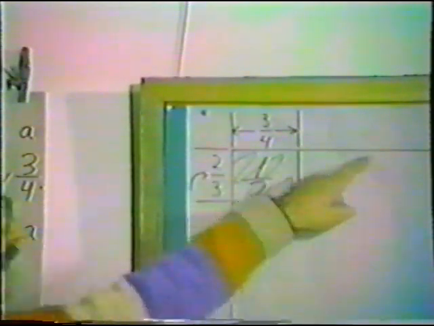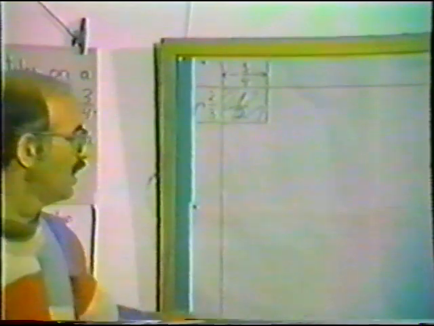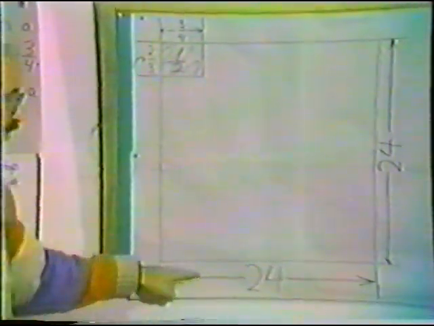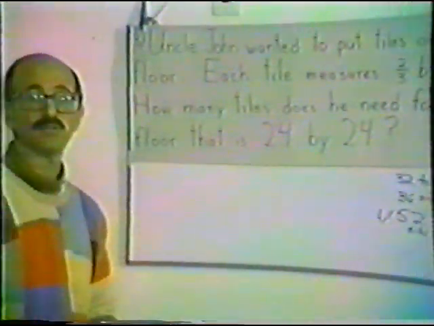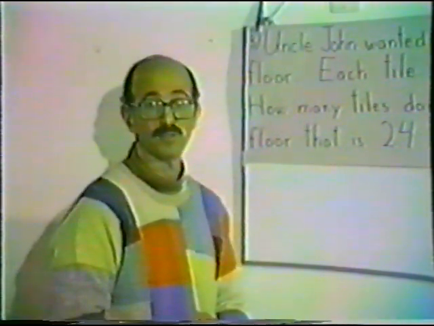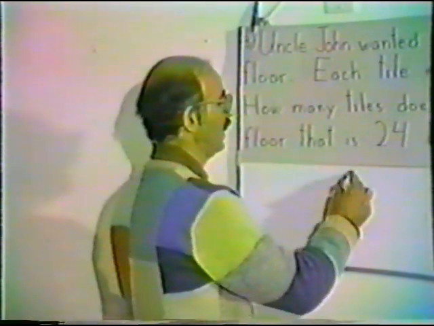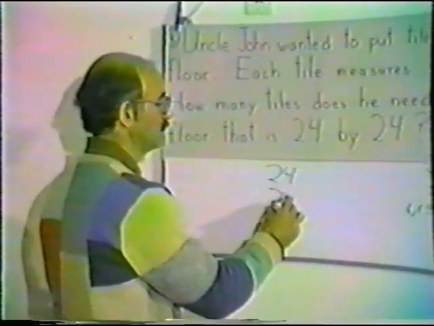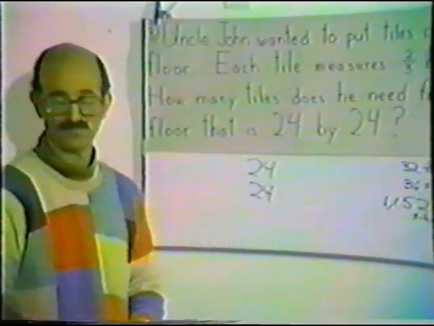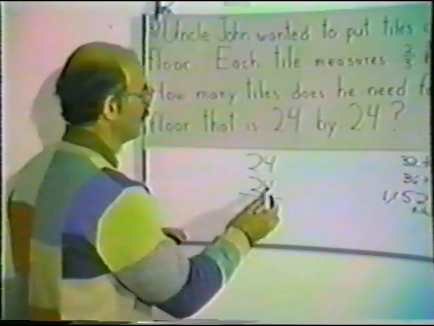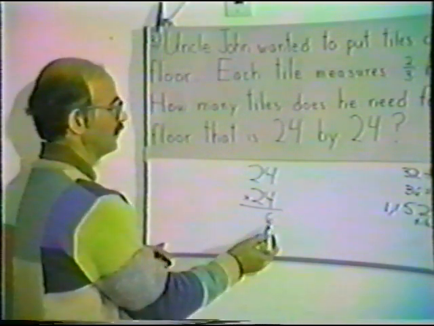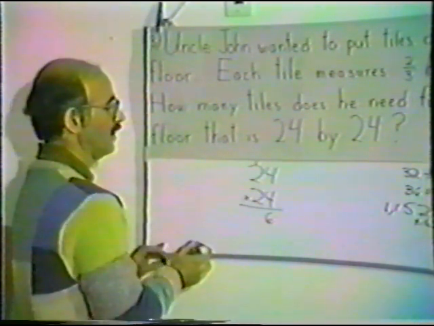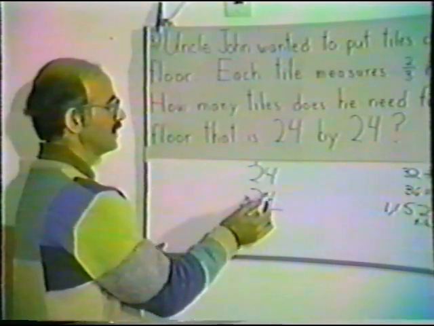What is the space included in our entire room, which is 24 by 24? What do I do with those two numbers, 24 and 24? What do I do with them? Multiply. 4 times 4 is 16. Put down the 6, carry the 1. 2 times 4 is 8.